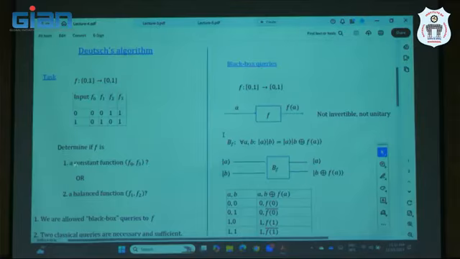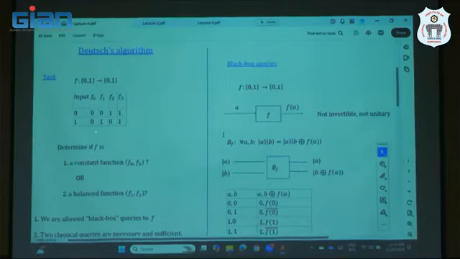Determine if f is a constant function, that is f0 or f3. If you see f0 or f3, the parity is what? Parity is 0. XOR of 0, 0 is what? XOR of 1, 1 is what? So we are determining if it's a constant function.